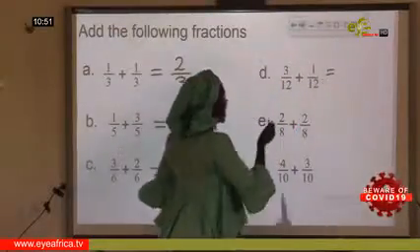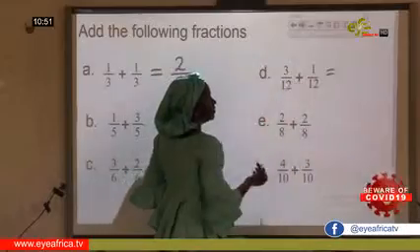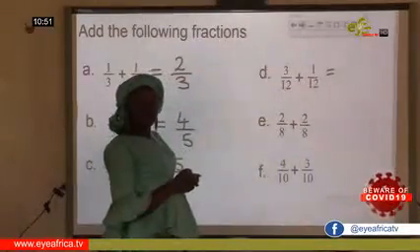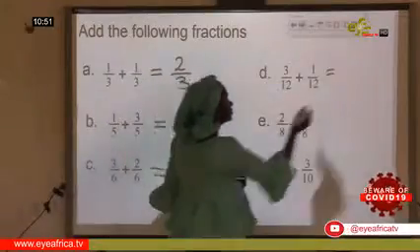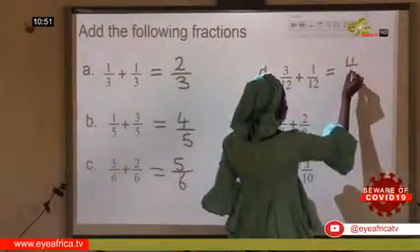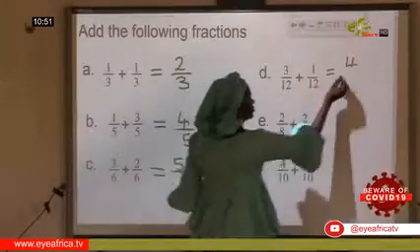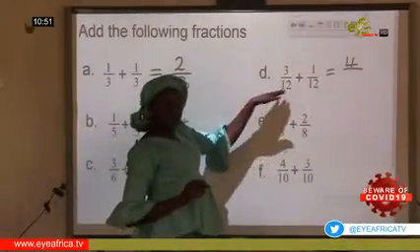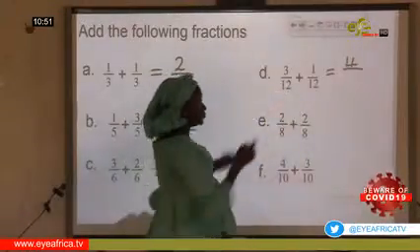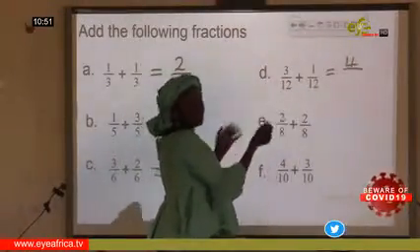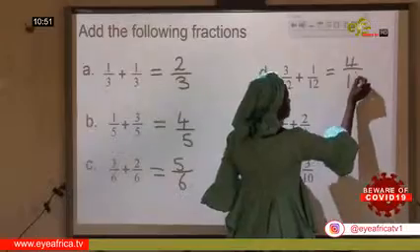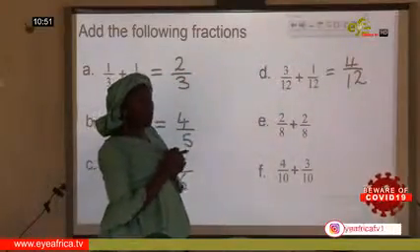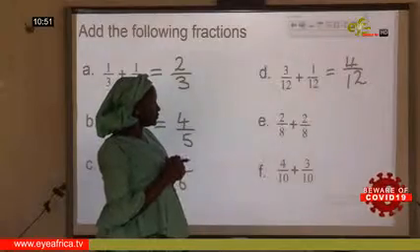And our numerators are 3 and 1. 3 plus 1 is 4 over... fractions with the same denominator, you add the numerator and maintain the denominator. 12. And our answer is 4 over 12.